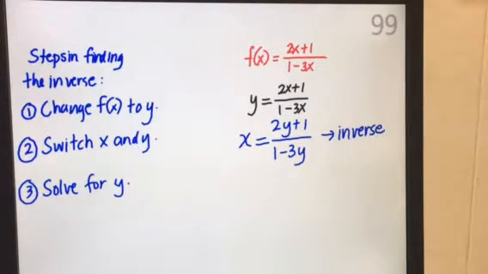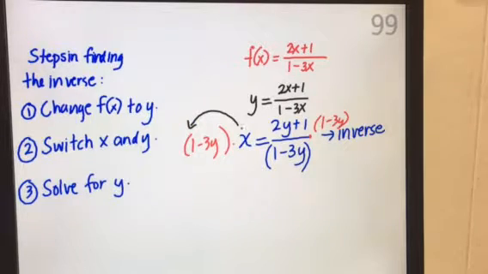Solving for y involves getting rid of this denominator right here. Doing that requires us to multiply that denominator to both sides of the equation. Multiplying 1 minus 3y to both sides, that will be distributing the x here.